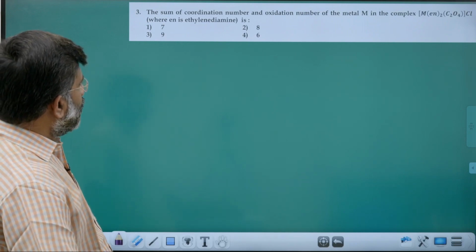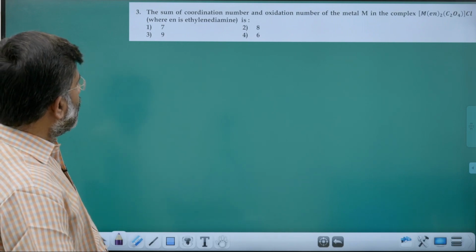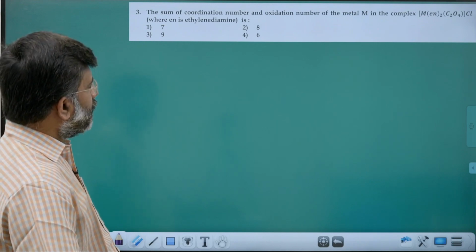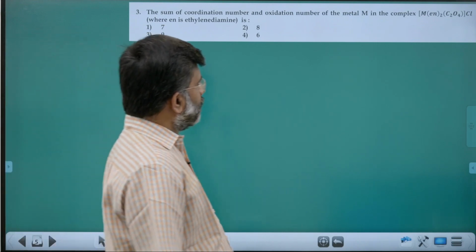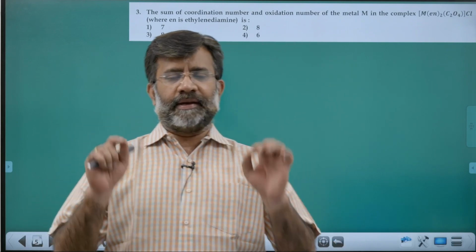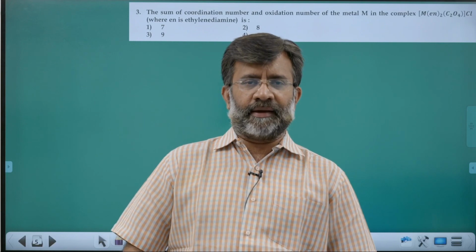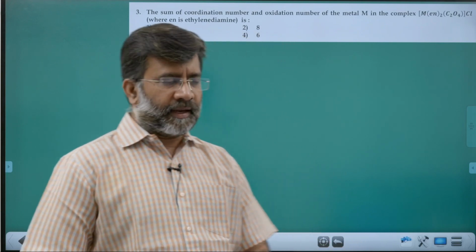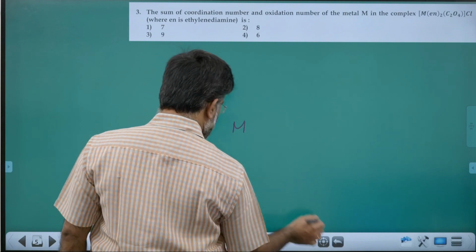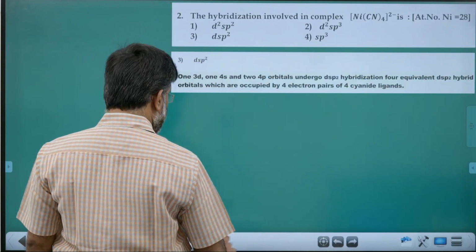sum of coordination number and oxidation number of metal in the complex. You see en twice, Men twice, en, all of you know it is a didentate ligand, ethylenediamine, that is a didentate ligand. So what is the nature of the complex?